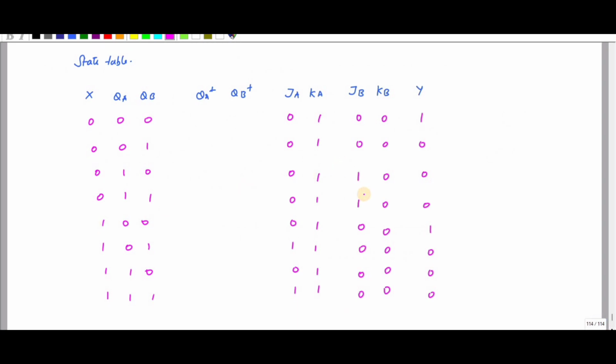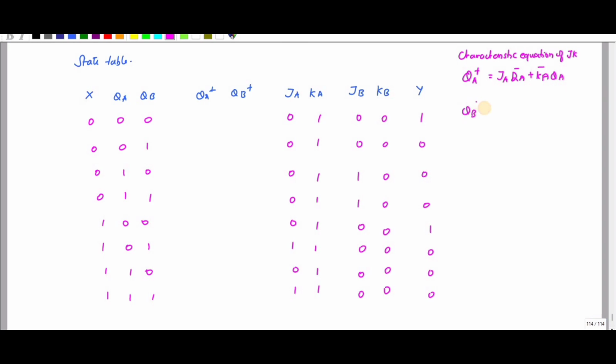Okay, so I need to find the value of QA plus. From the characteristic equation of the JK flip-flop, QA plus is equal to JA QA bar plus KA bar QA.